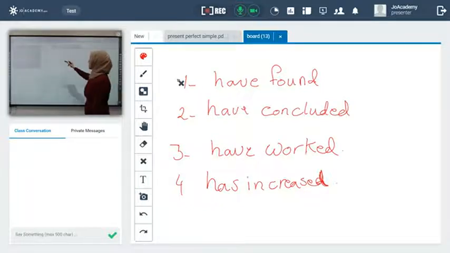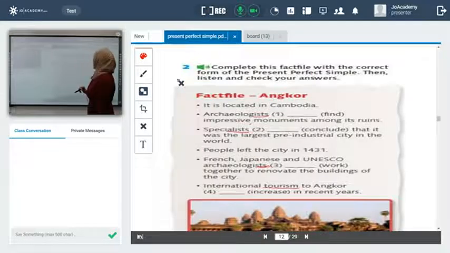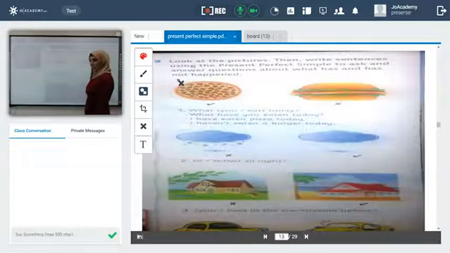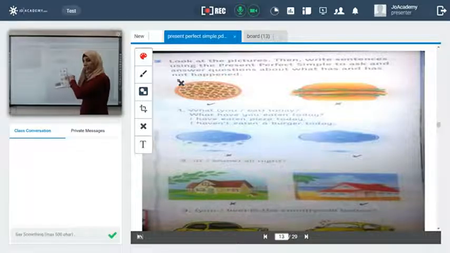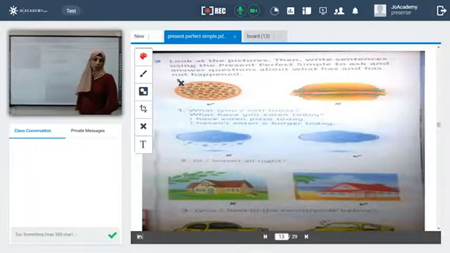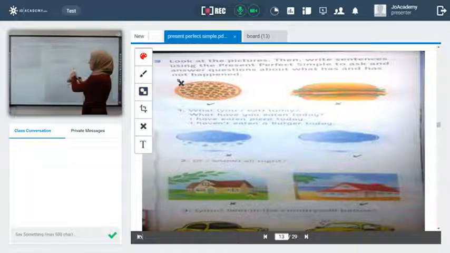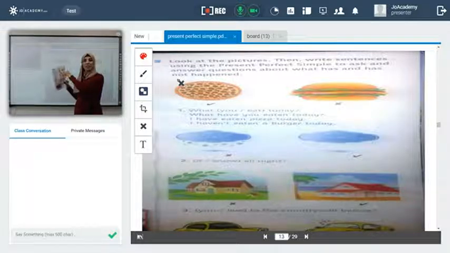So this was exercise number 2. Did you do it by yourself? Did you do it correctly? Well done. We're going now to move to another exercise. That exercise is exercise 3 in your students' books, page number 63. Look at the pictures and we have an example.